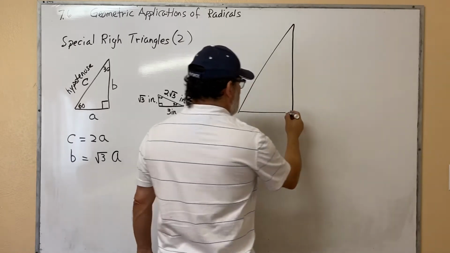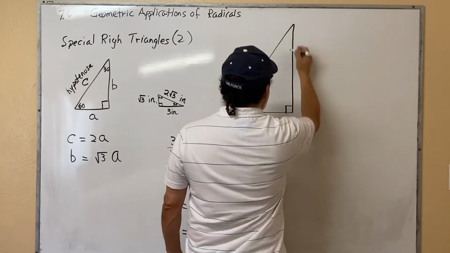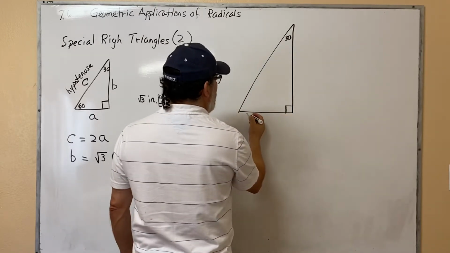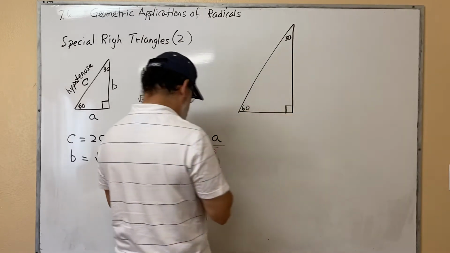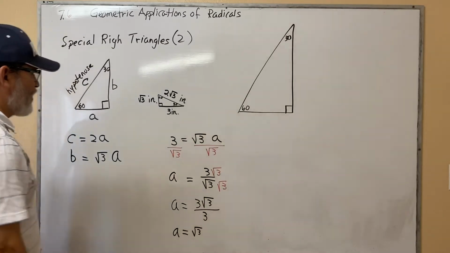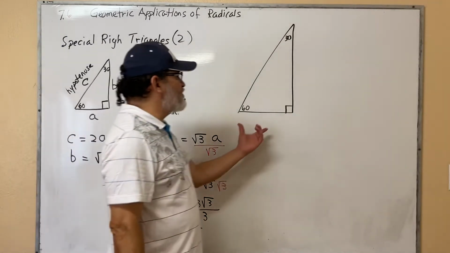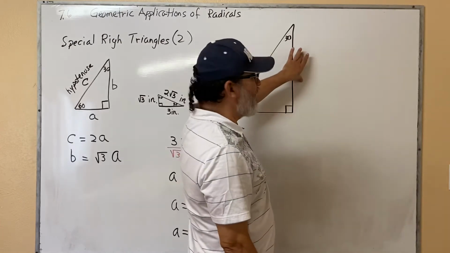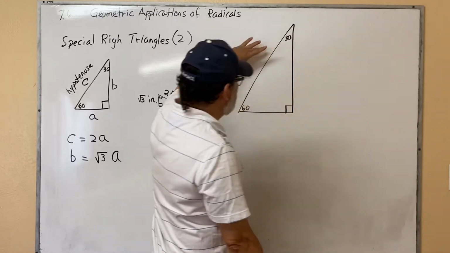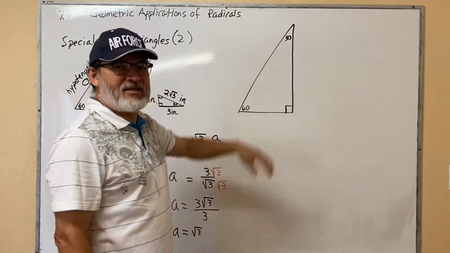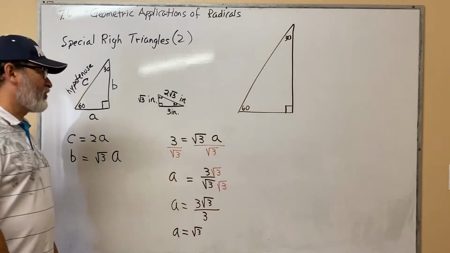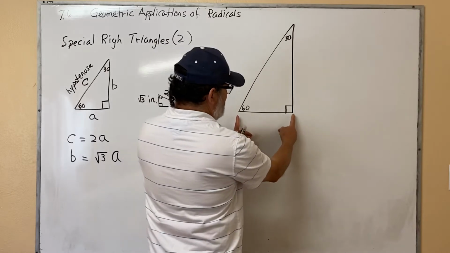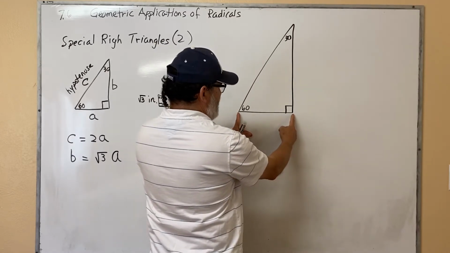Let's make this 90. Let's make this 30. And let us make this 60. And obviously, this must be the short leg. This must be the long leg. This must be the hypotenuse. I don't know, what is this length, do you think?